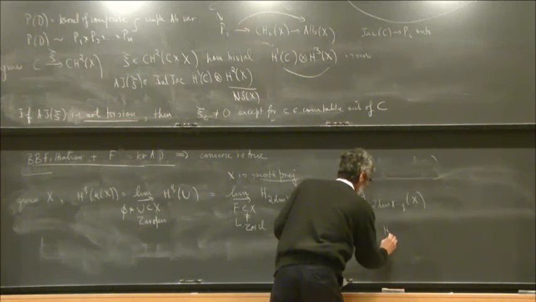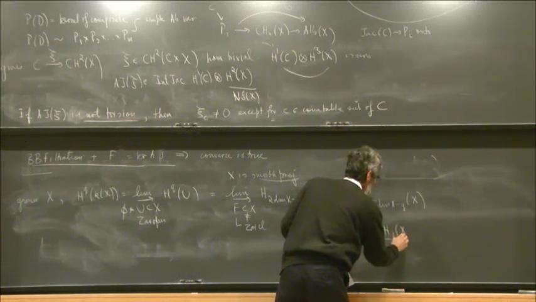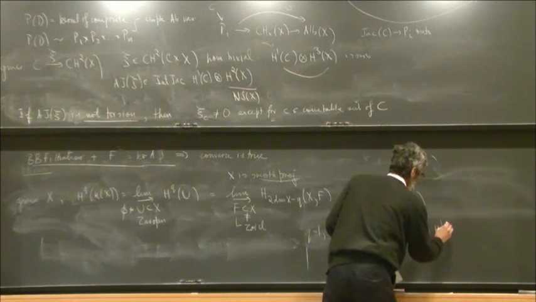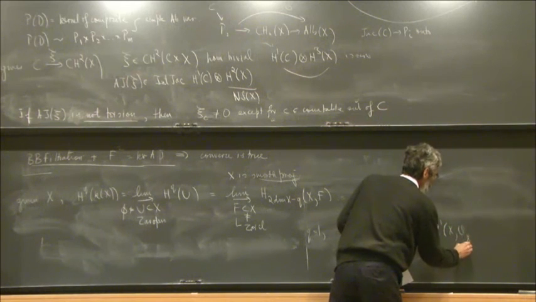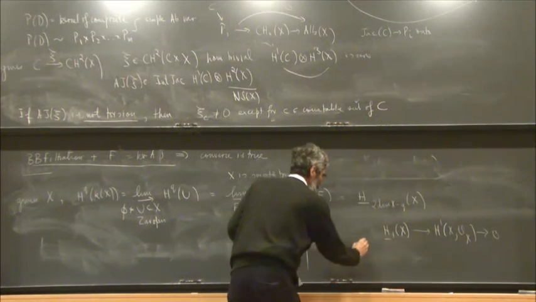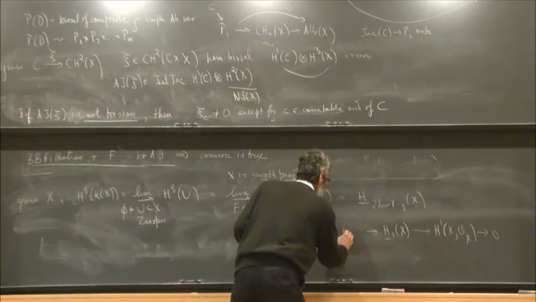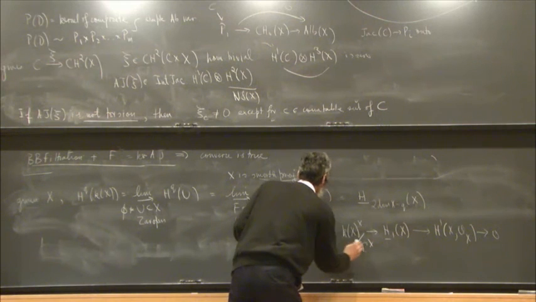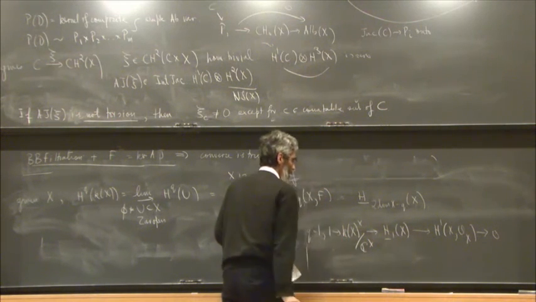So for q equals 1, whichever way one writes it, h1 bar x to the dual, which is h1 x ox, and the kernel is precisely kx cross. So this is exact.